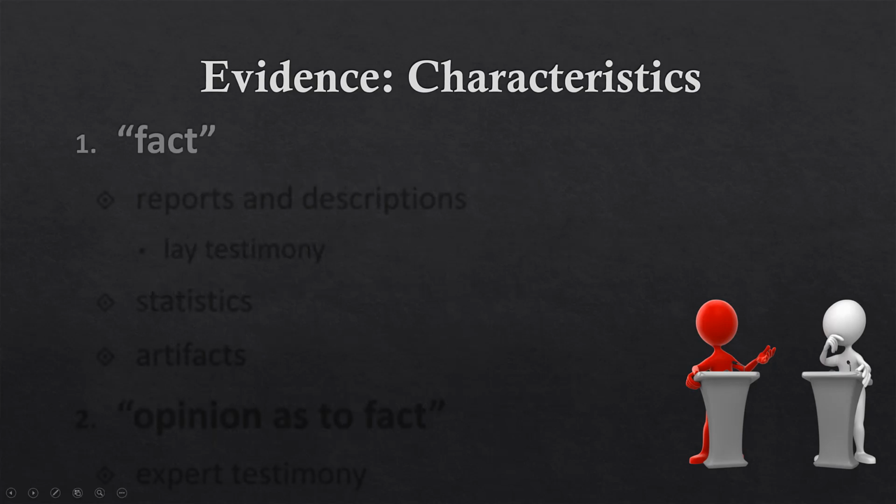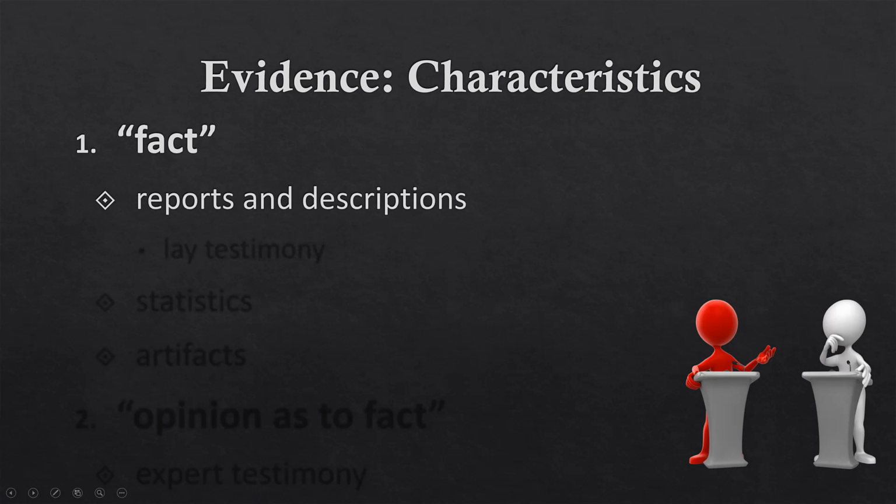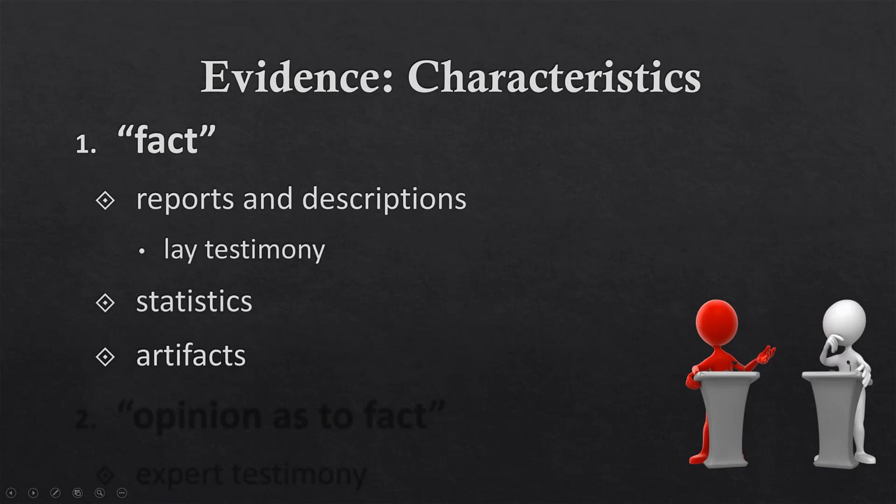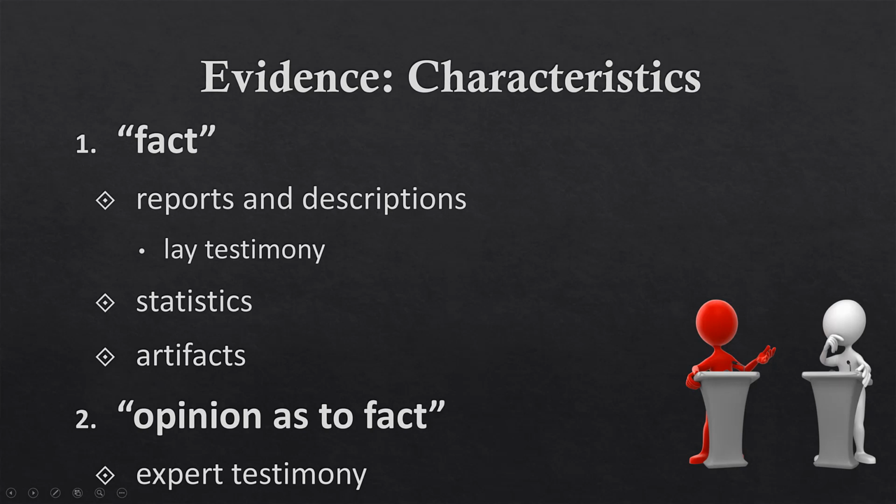So, we've got a number of different types of information at our disposal that we can use as evidence to back up our claims. A variety of different approaches to using factual evidence, as well as using opinion as to fact in the form of expert testimony.